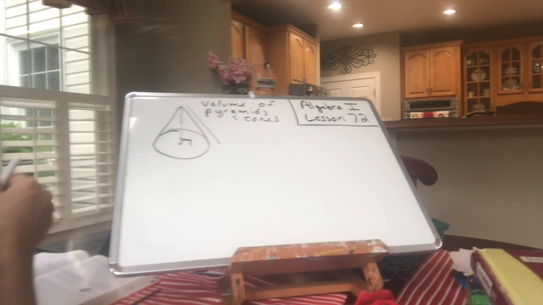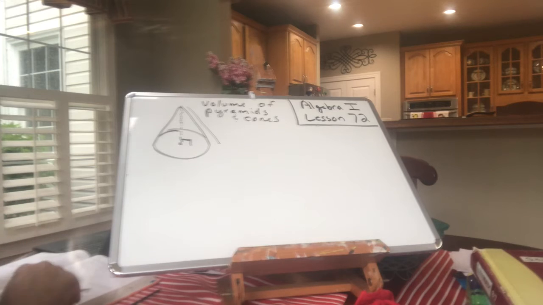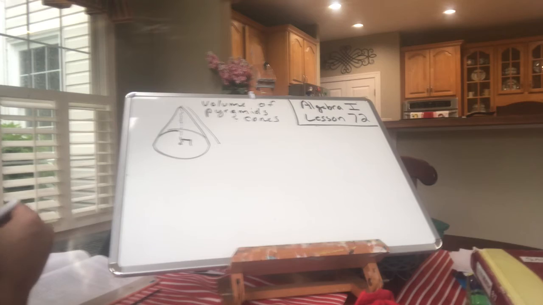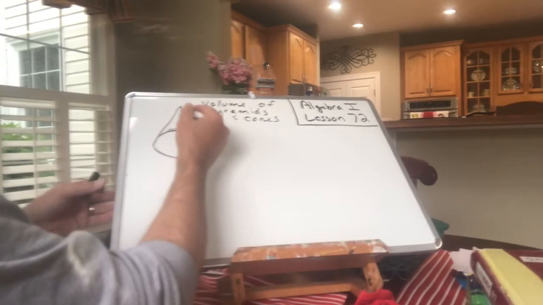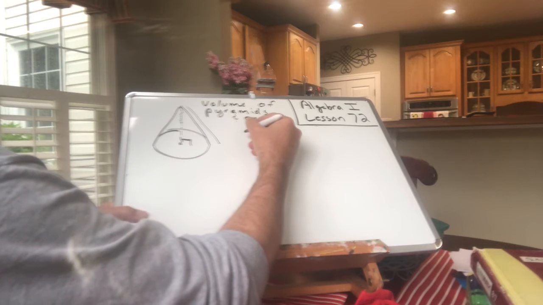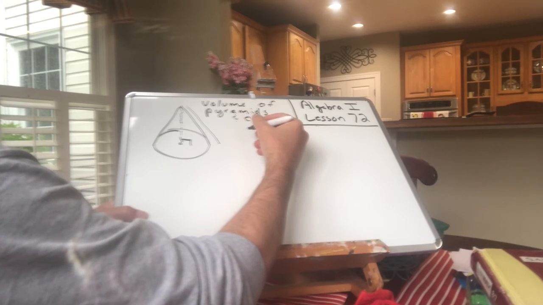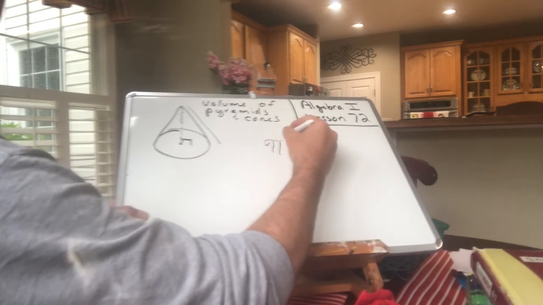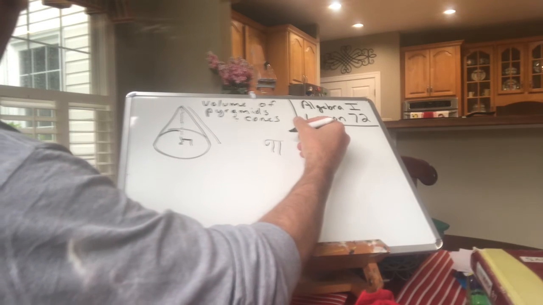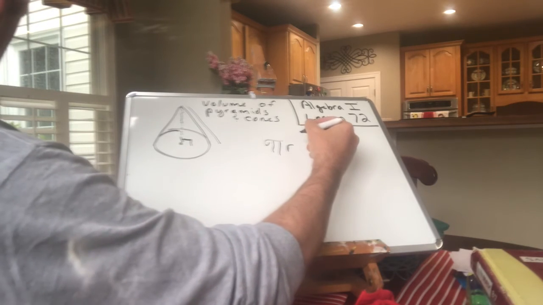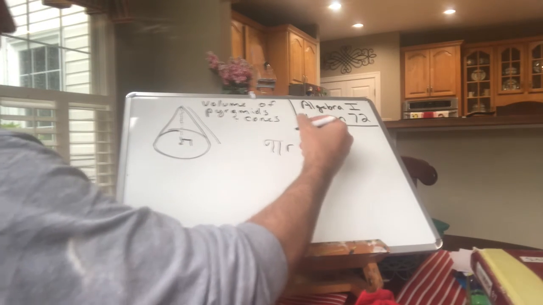We're going to be using that slant because the lateral surface area of a cone is going to equal pi times the radius times the slant.